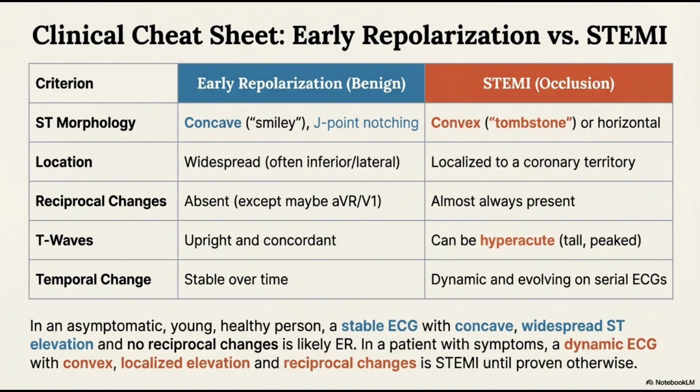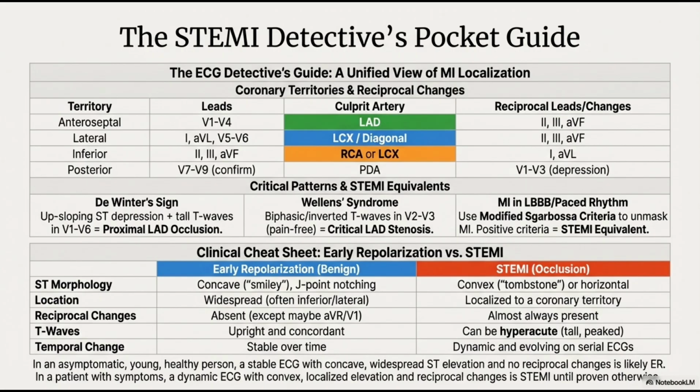That distinction between a benign, stable, widespread concave elevation and a dynamic, localized, convex one is often the key differentiator in high-stakes clinical decision-making. This deep dive has really shown that mastering these advanced rules, the V2, V3 splits, the localization map, the deadly equivalence, and the nuances of the Smith criteria, transforms the ECG from just a simple line drawing into this sophisticated, multi-layered diagnostic tool.